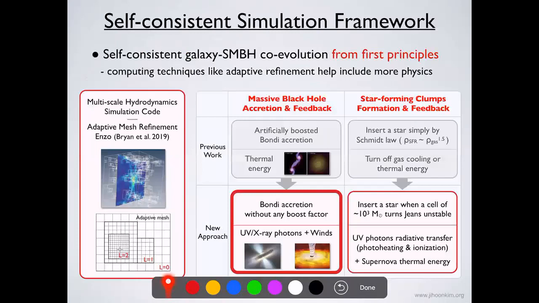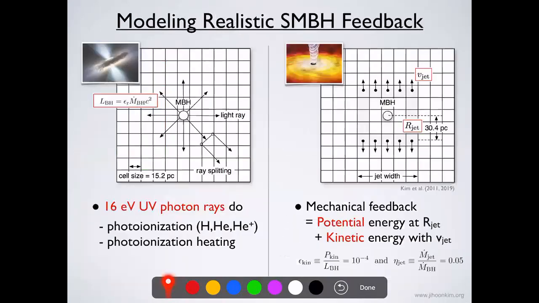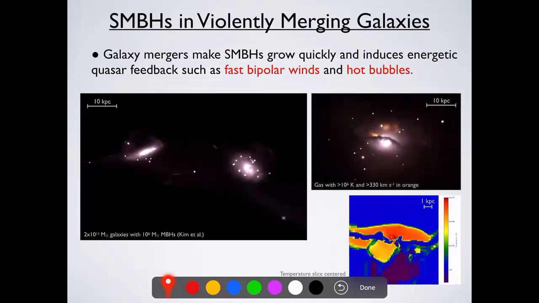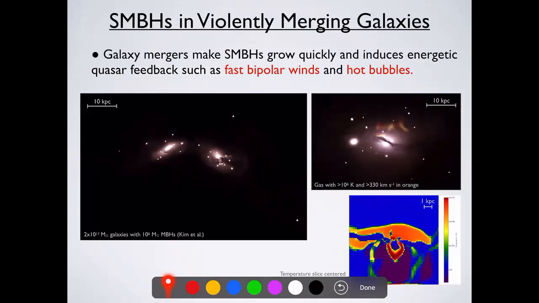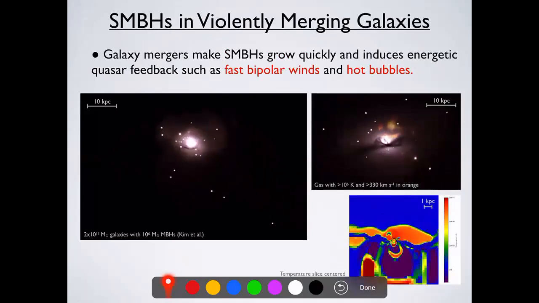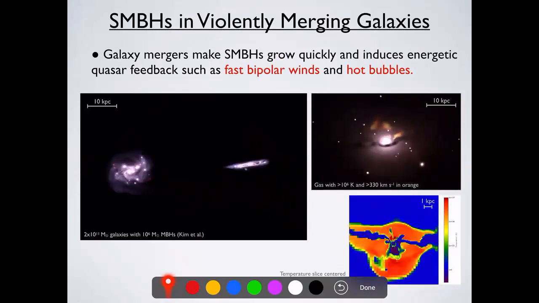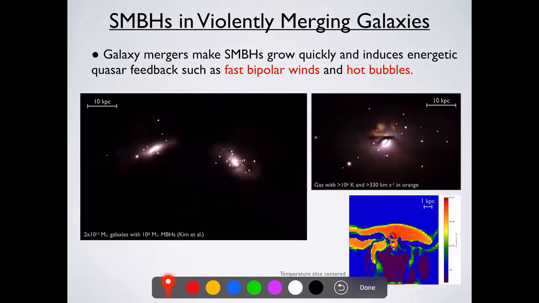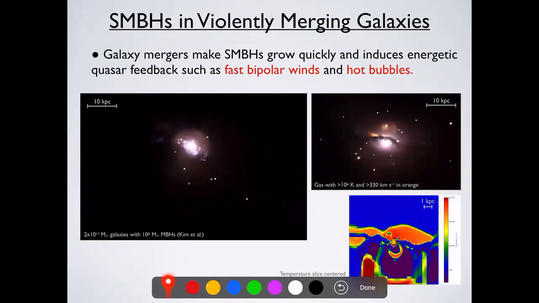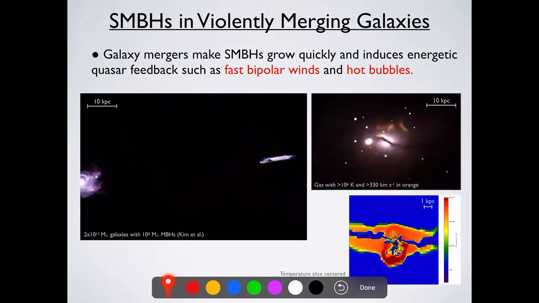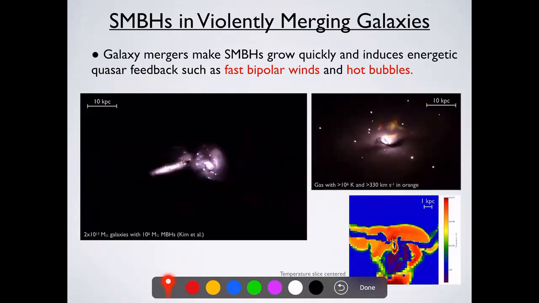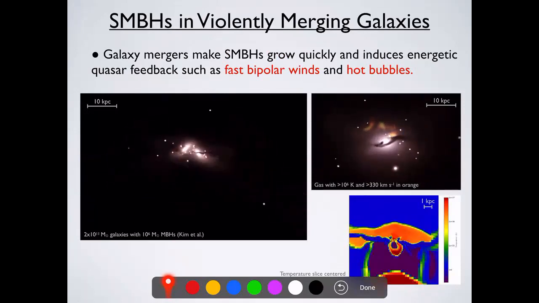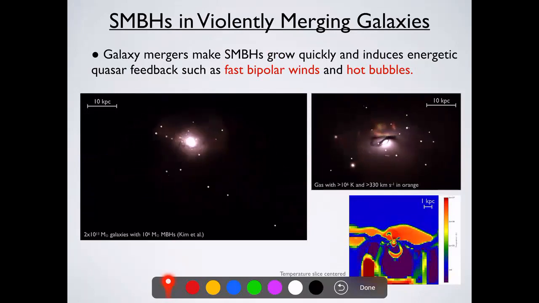So I'm not going to talk about the numerical details here, but all I'm going to say is that as computational astrophysicists, we have a history of 20 years or more of developing code that can accurately describe the structure formation and evolution of the universe, including the galaxies and the embedded supermassive black holes. So for example, here you can see two galaxies merge and the two black holes embedded in each of them also merge.